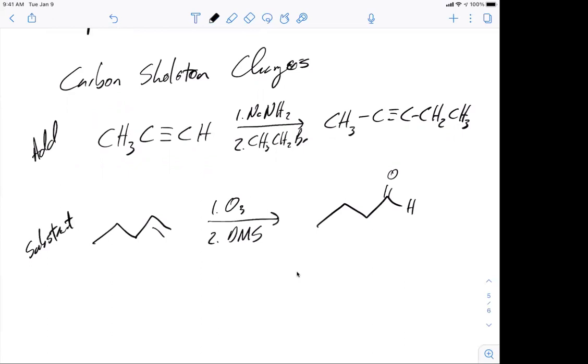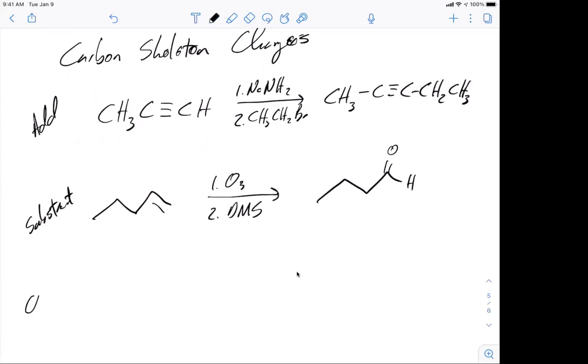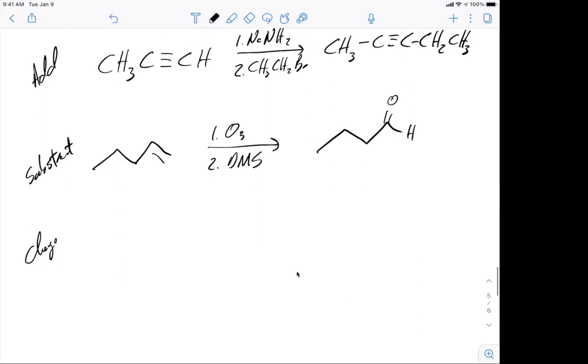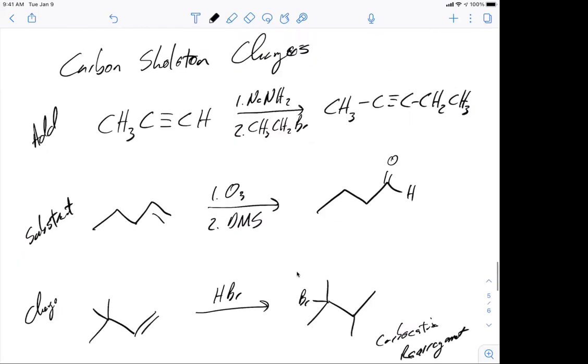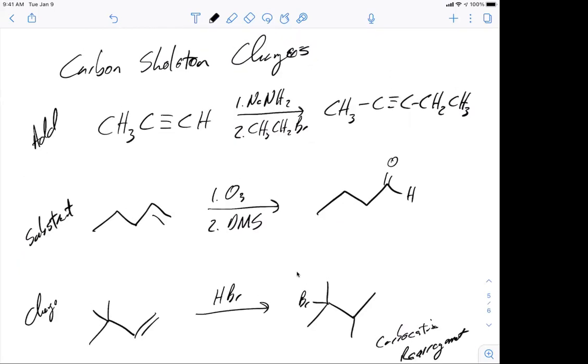Right? And we can lose one carbon. And then we can change the carbon structure, right, by a carbocation rearrangement. And there's several reactions that'll do this. So one thing to think about when we're thinking about synthesis strategies is carbon skeleton changes.